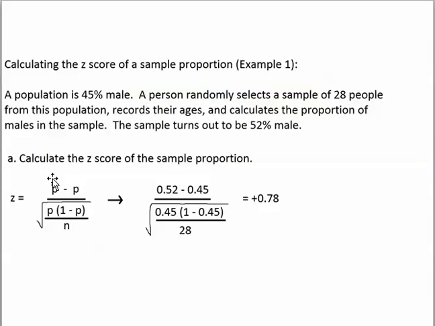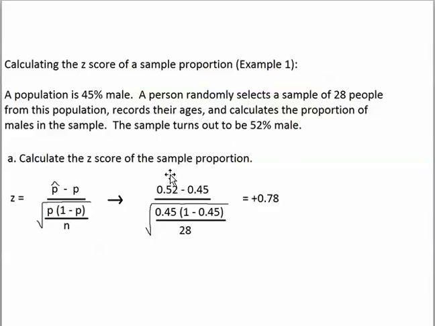Let me go back a little bit. The sample is 52% male, which means that the sample proportion p hat is 0.52. The population is 45% male, so p is 0.45. Let's plug those two numbers in up here. Once again, p is 0.45 and p is 0.45 right here. The sample size, which is 28, goes right here.